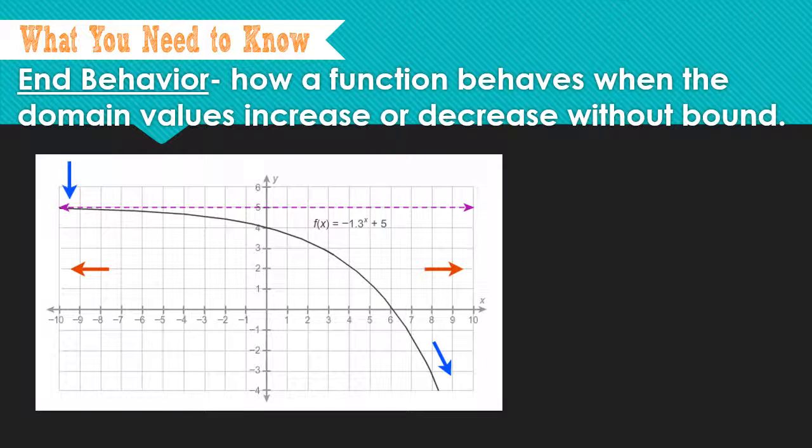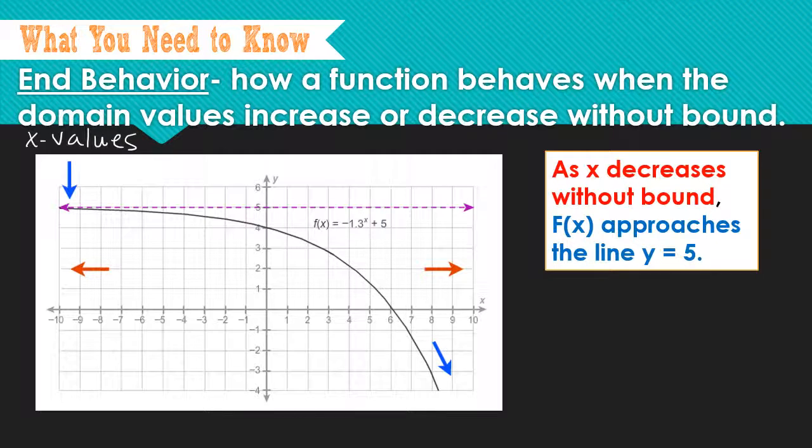The other characteristic that we can determine from our exponential functions is what we call end behavior. It's how a function behaves when the domain values, remember those are the x values, increase or decrease without bound. In other words, they continue forever.